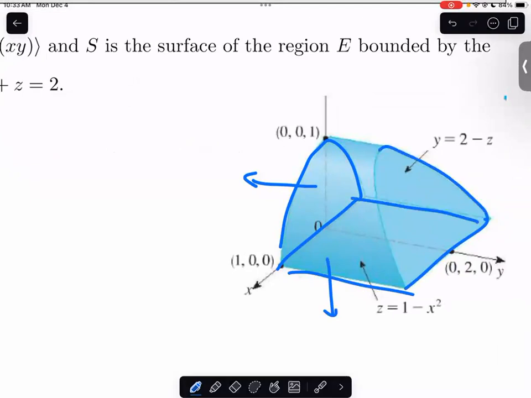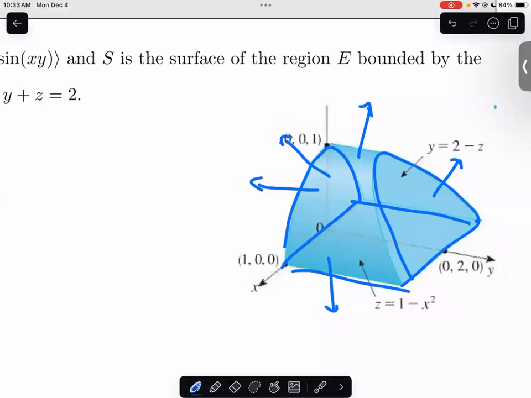You need to do it for this slanty side here with its normal vector. And then you need to do it for the curved side, this parabolic cylinder bit, with its normal vector. Again, for each one of these you would need to figure out, do I have a z equals style equation? Can I use the explicit form for evaluating surface integrals? Or do I need to parameterize my surface and find the normal vector by taking a cross product of tangent vectors?